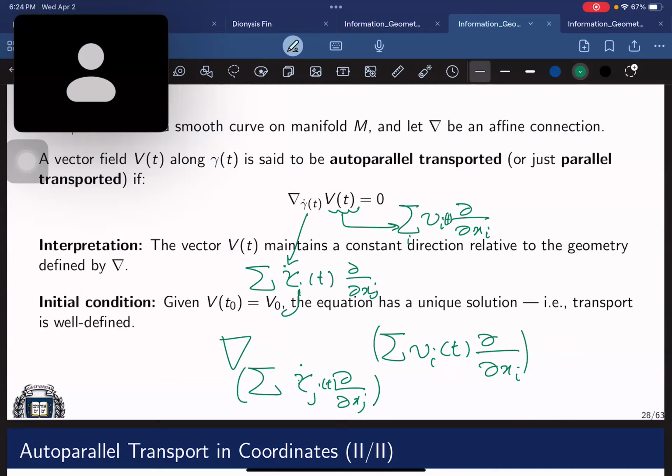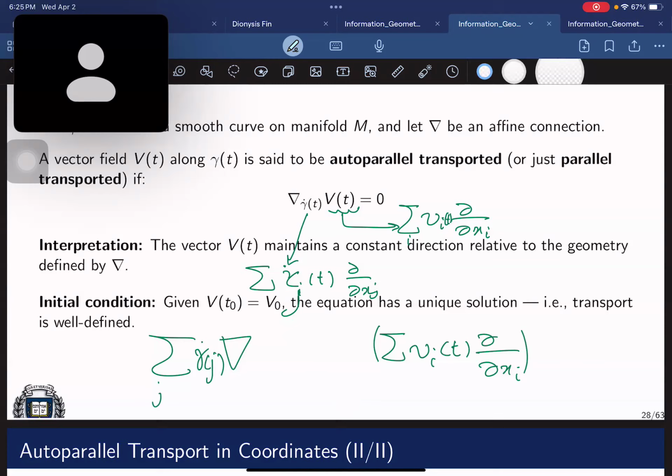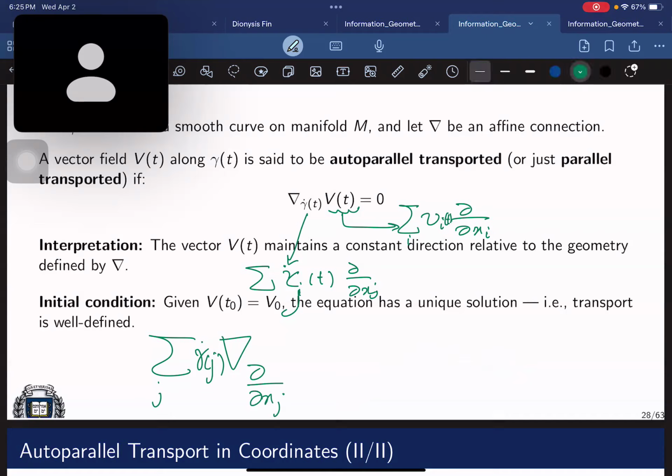So we can wrap it up and consider each individual. It would give us the summation over j, gamma dot^j of this creature, and then V^i of x^i. Okay.